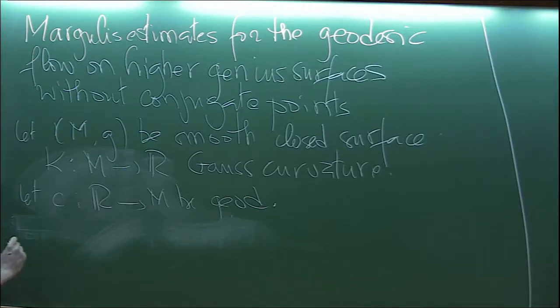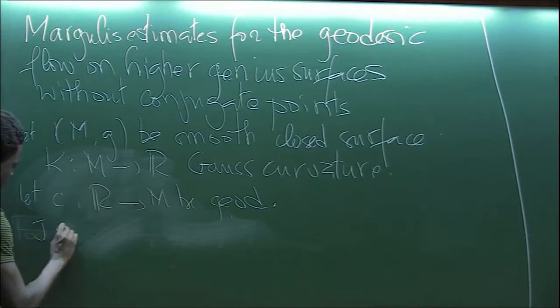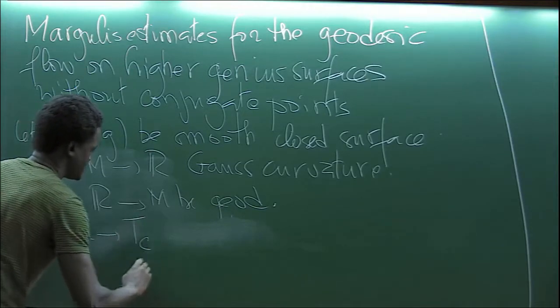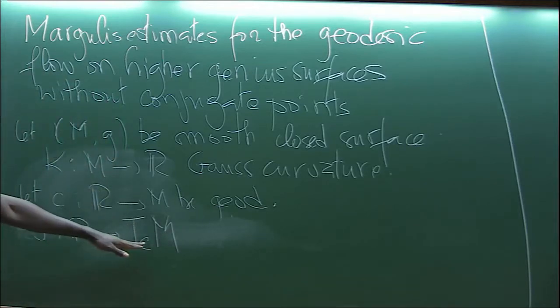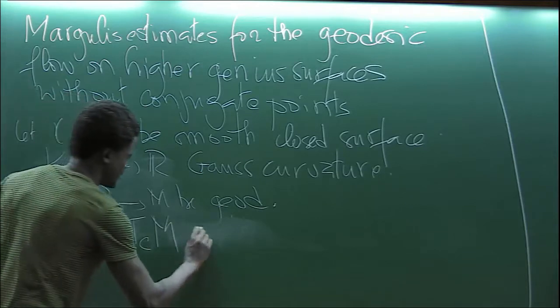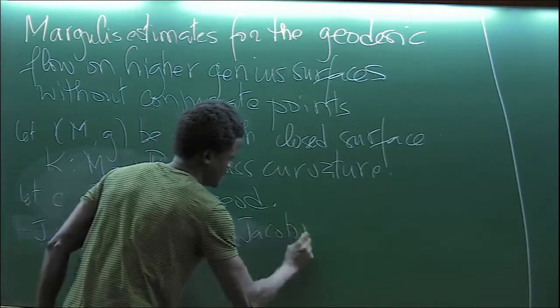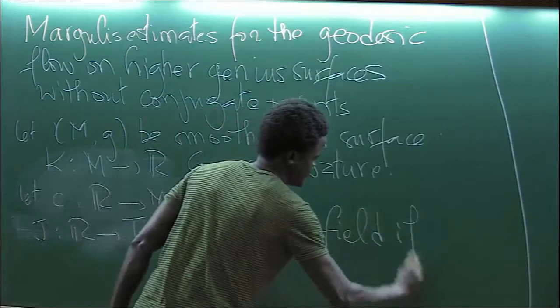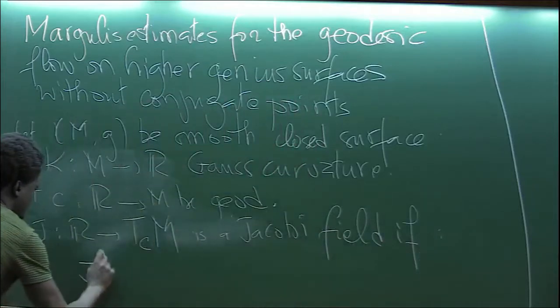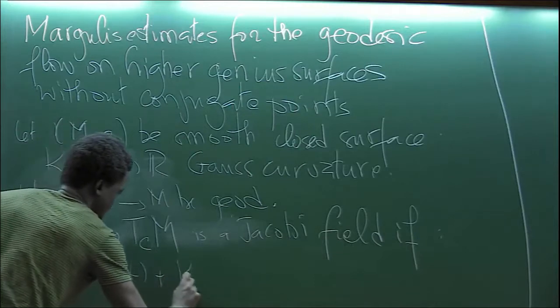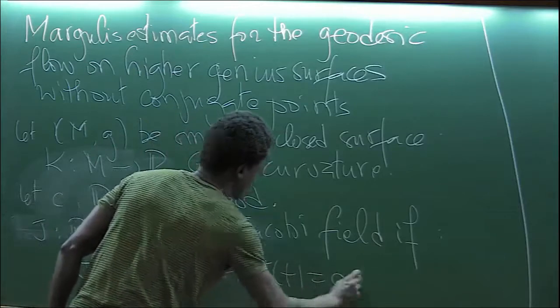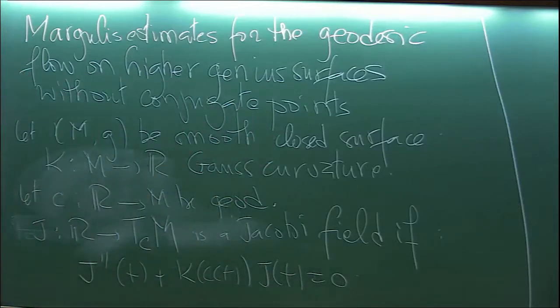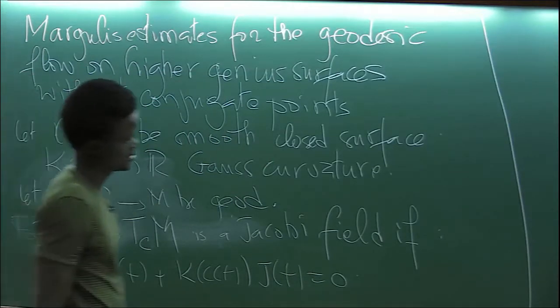So J from R to T_cM, by T_cM I just mean the tangent space along the geodesic, is a Jacobi field if it satisfies the following second order equation: J'' plus K(c(t)) J(t) equals 0. So a Jacobi field is just a solution of this second order differential equation.